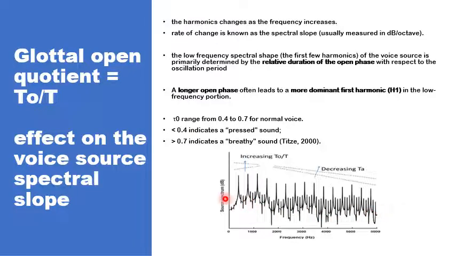This rate of change of the harmonics when the frequency increases gives the spectral slope. The lower harmonics here, the lower frequencies, are affected by the increase in the glottal open quotient. If you have a high glottic open quotient, like more than 0.7, then you would get a higher dominant first harmonic and a breathy and weak voice.